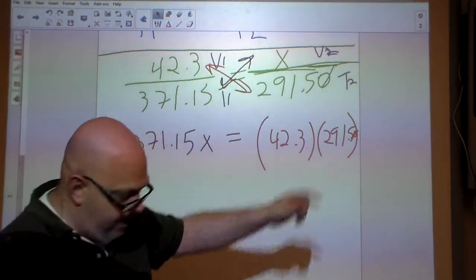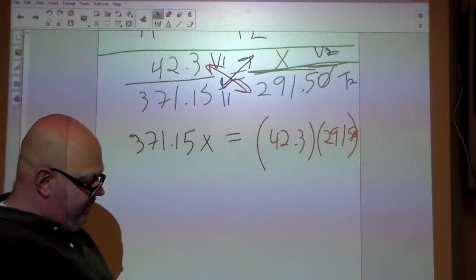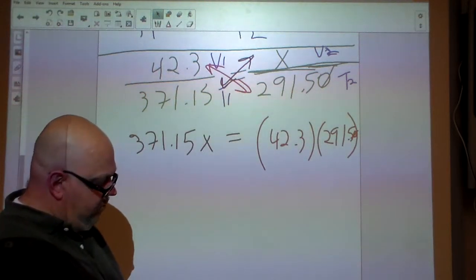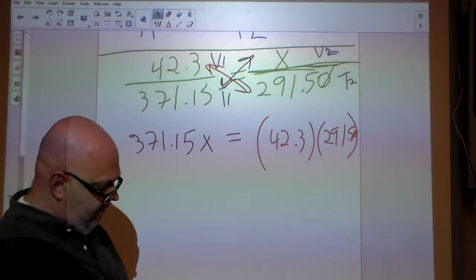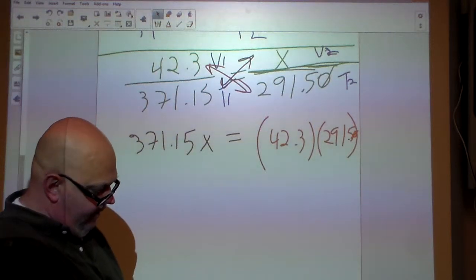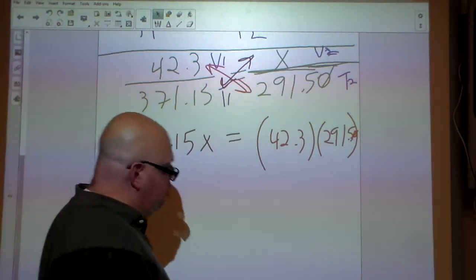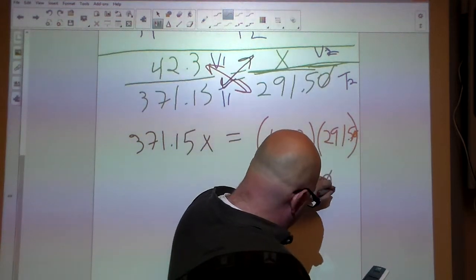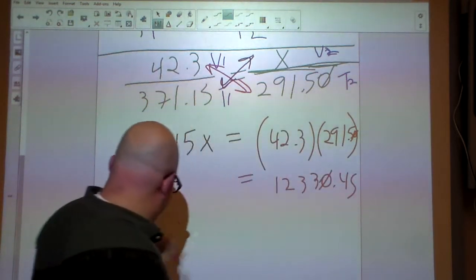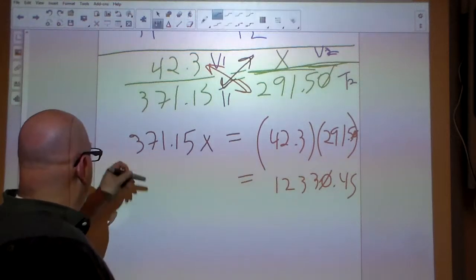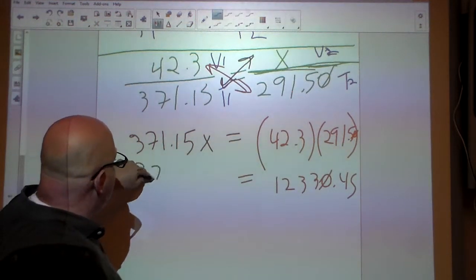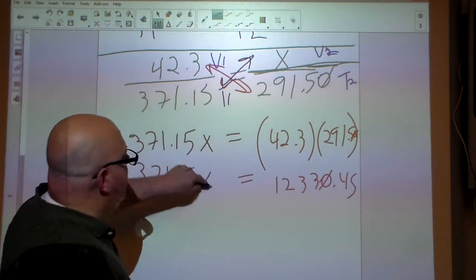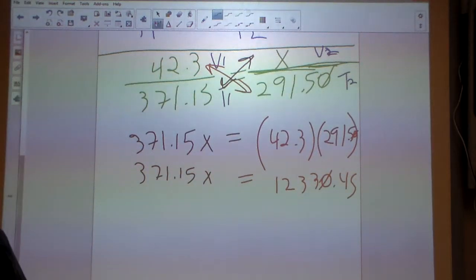Now, we're going to multiply this out, so very quickly we'll take our beloved calculator. 42.3 times 291.5 equals, so I get this giant number of 12,330.45 is equal to 371.15x. So that's our next step.